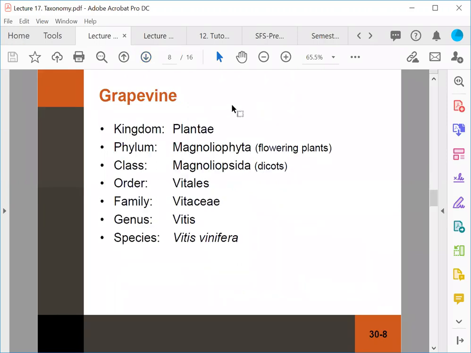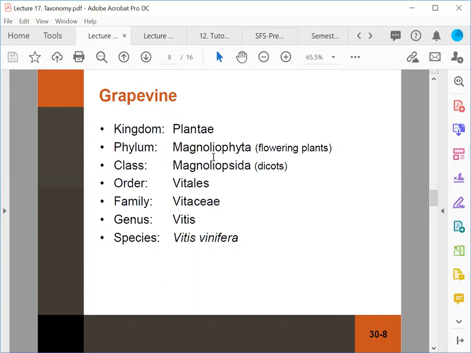And now let's look at some examples. So for viticulture students, we have the grapevine, which of course is found in the kingdom Plantae. There are, I believe, from memory, 12 different phyla under kingdom Plantae.